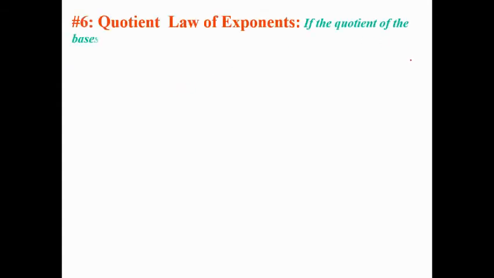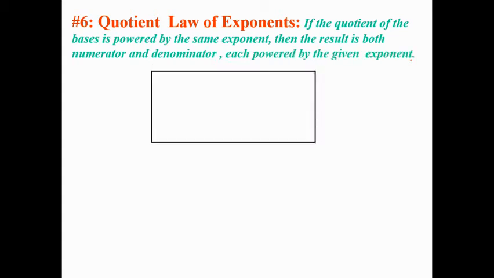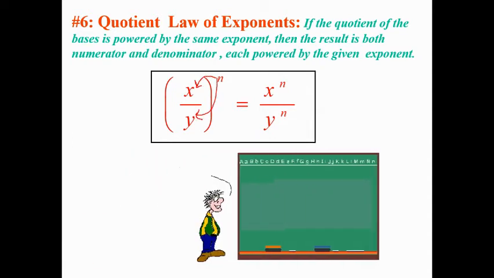The quotient law of exponents. If the quotient of bases is powered by the same exponent, then the result is both the numerator and denominator, each powered by the given exponent. What does this mean? Again, it means that your exponent will be distributed to both the numerator and the denominator.